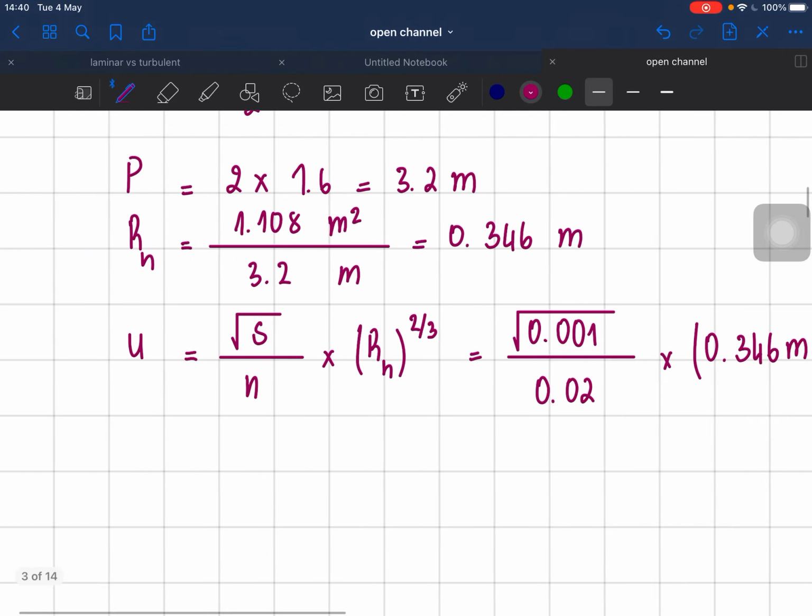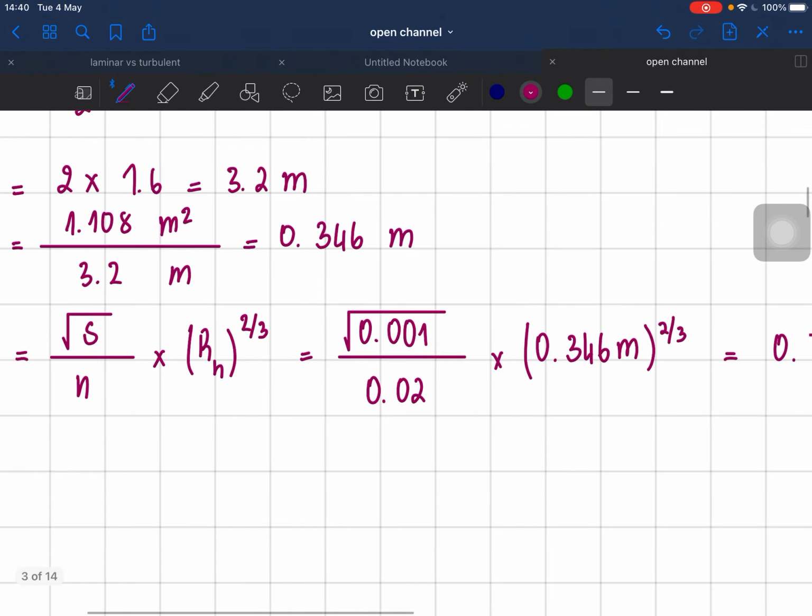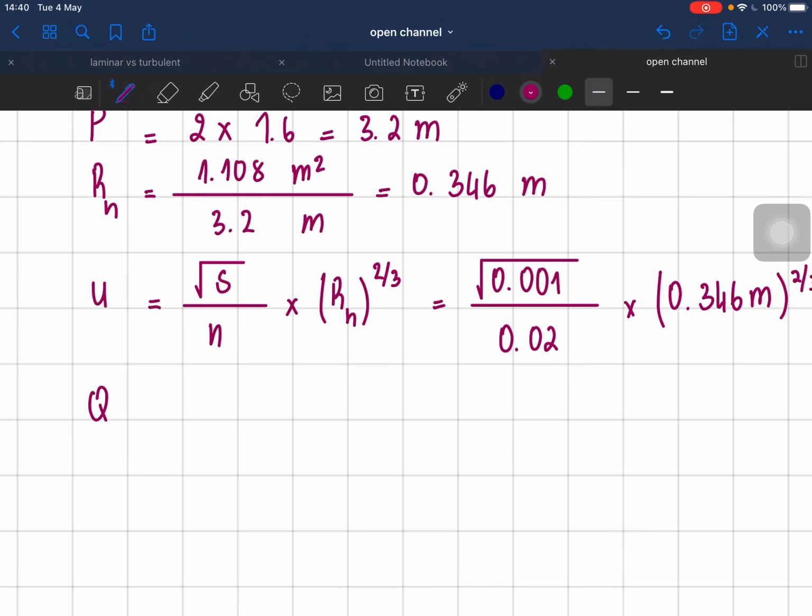To the power 2 over 3, and the number is 0.782 meter per second.